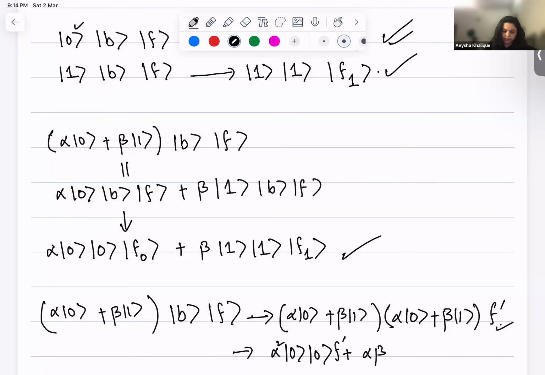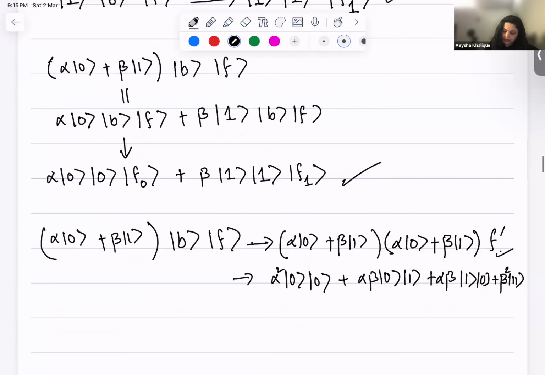And if I just write F prime at the end, it will be alpha 0, 0 plus alpha beta 1, 0, 1 plus alpha beta 1, 0, and plus beta square 1, 1. And with all of this, my cloning machine to be in the state F prime, which is not equal to this, right? So these two situations are not same.